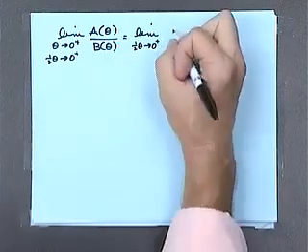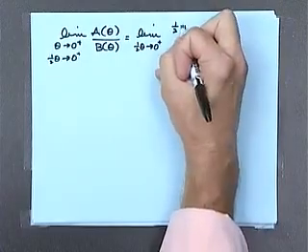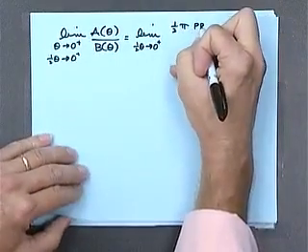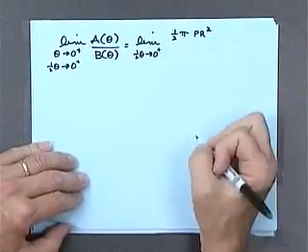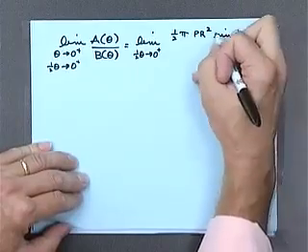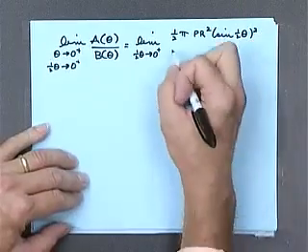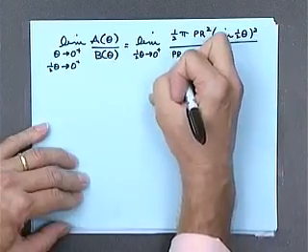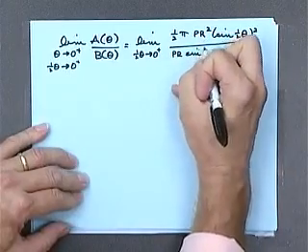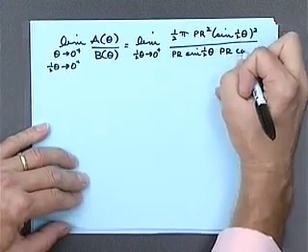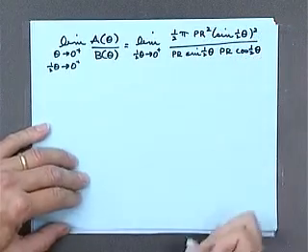All right, in the numerator, we have half pi, we have PR squared, and we have sine of half theta squared. Denominator, we have PR sine of half theta, PR cosine of half theta.